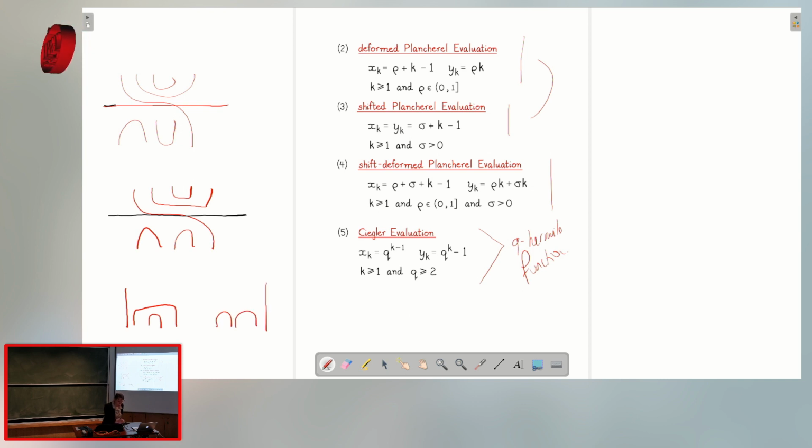And now what we can do is, when we have these half diagrams, we can make a kind of tree, right? We put a vertex on each arc, plus a sort of root vertex.